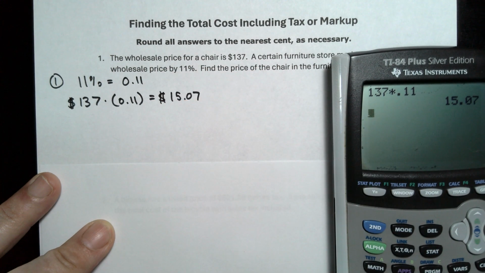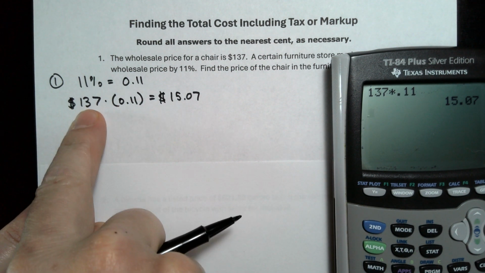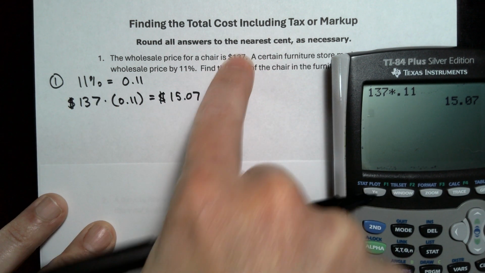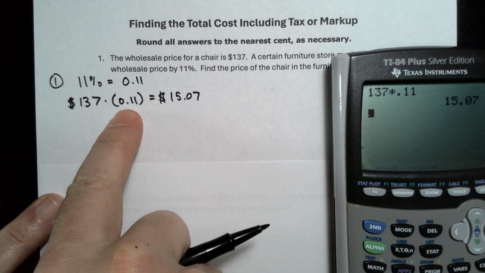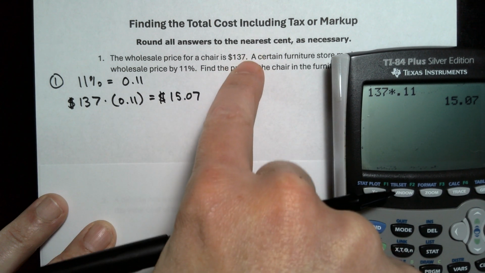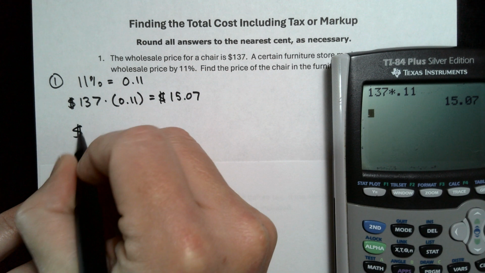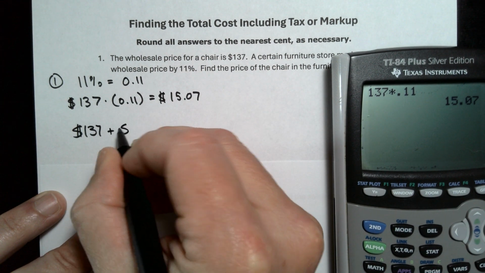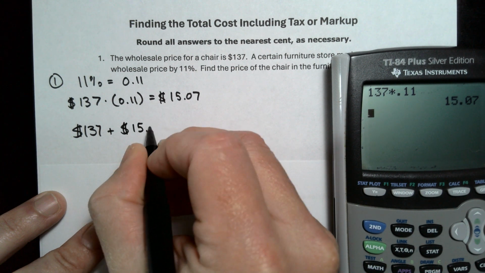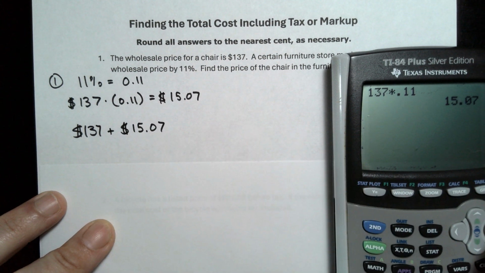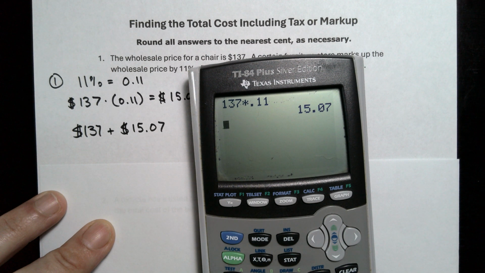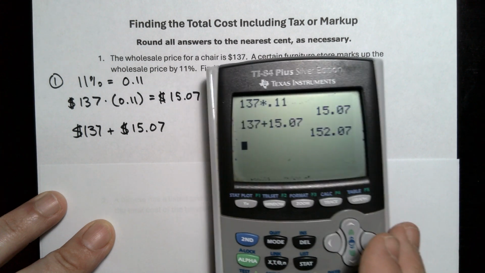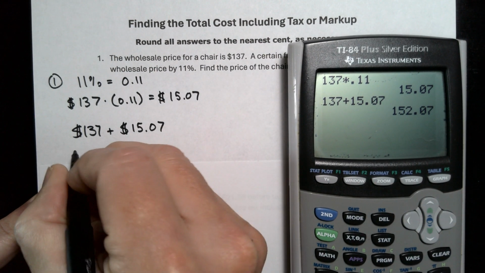Now that we've figured out what 11% of the 137 is, we can add it to the original amount, since it went up by 11%. So it will be 137 plus $15.07, which gives us $152.07.